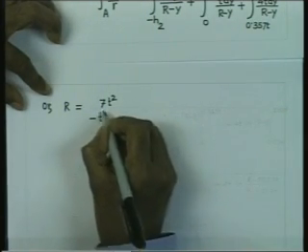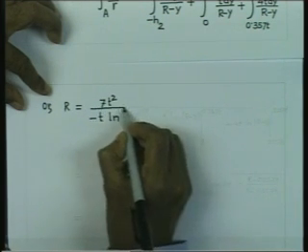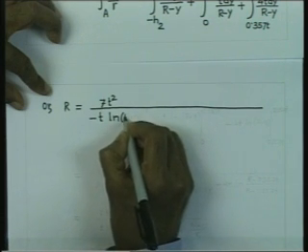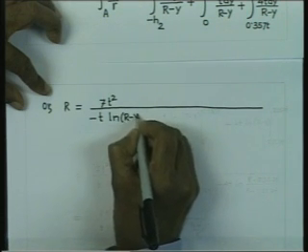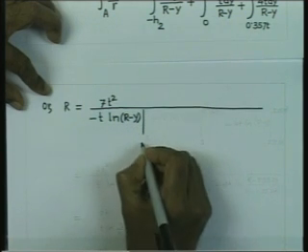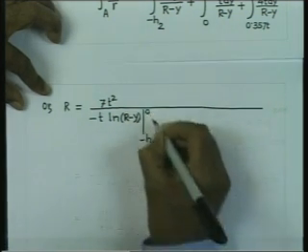So, it is minus t ln R minus y, and the limits are minus h2 to 0.